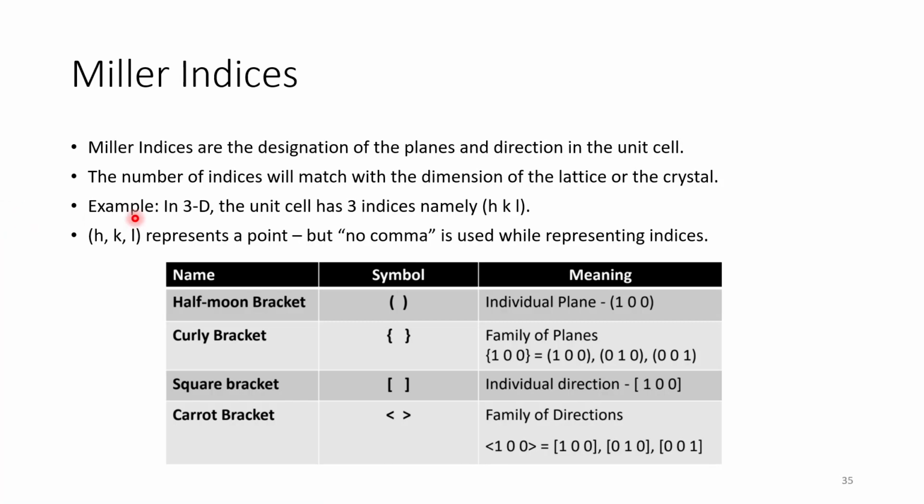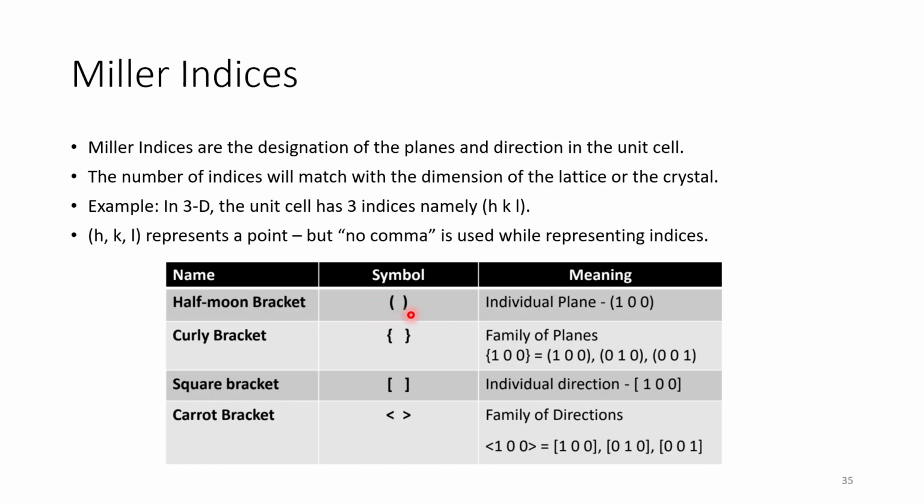So for example, if you have a 3D lattice, then you will be using 3 symbols h, k, l. And if you use commas, then it represents a point in 3D, but if you don't use any comma, then it corresponds to indices.